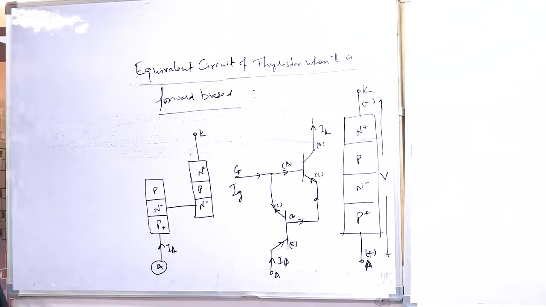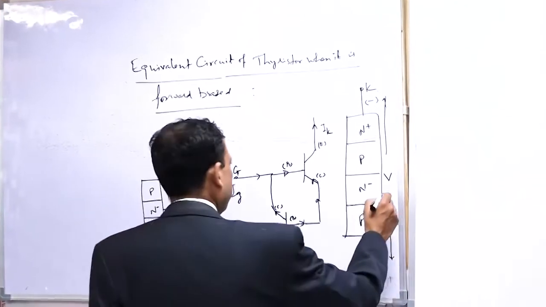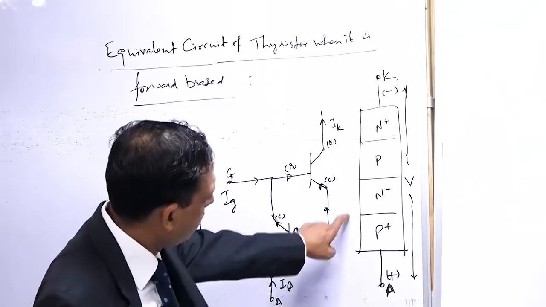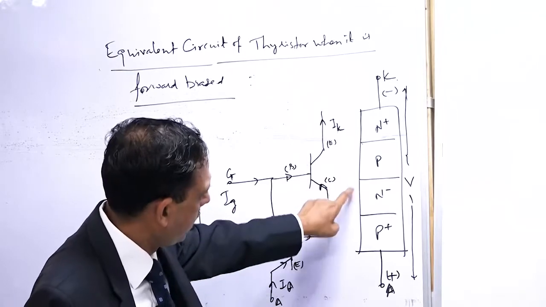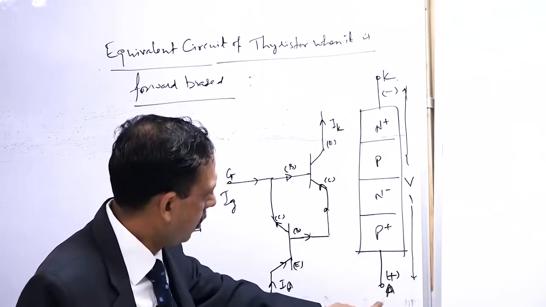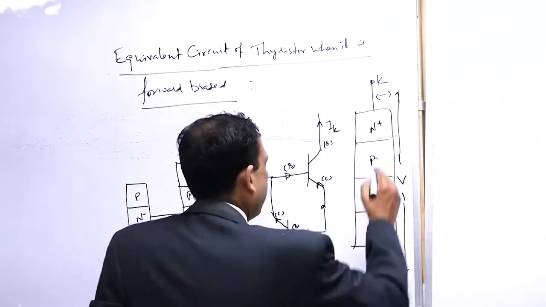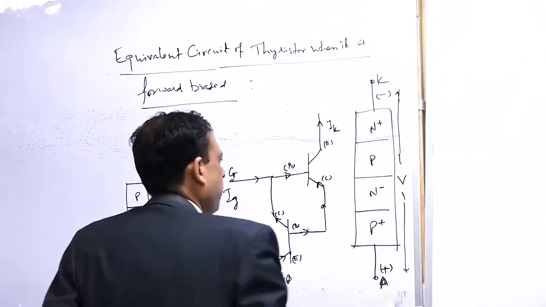Please draw this circuit and then I am going to explain. Everyone, please draw this circuit. This is our thyristor, PNPN, with anode and cathode. We have applied positive voltage here and negative voltage here, so forward voltage is applied.